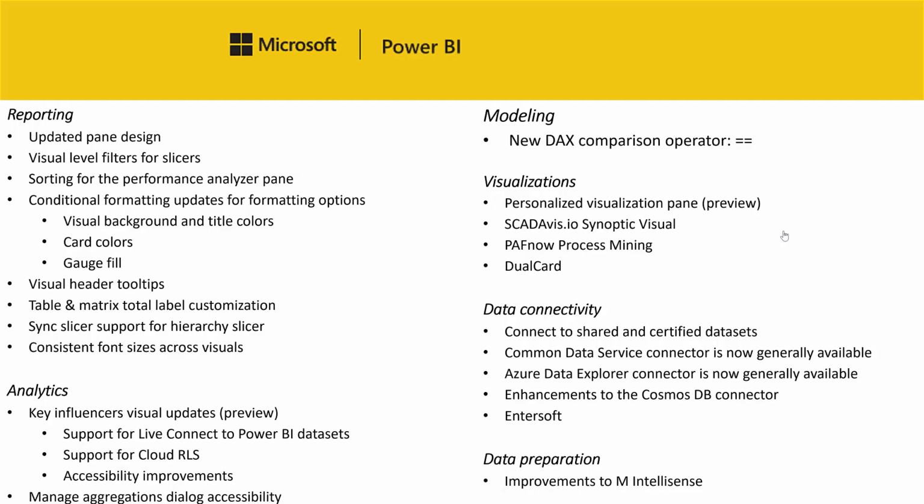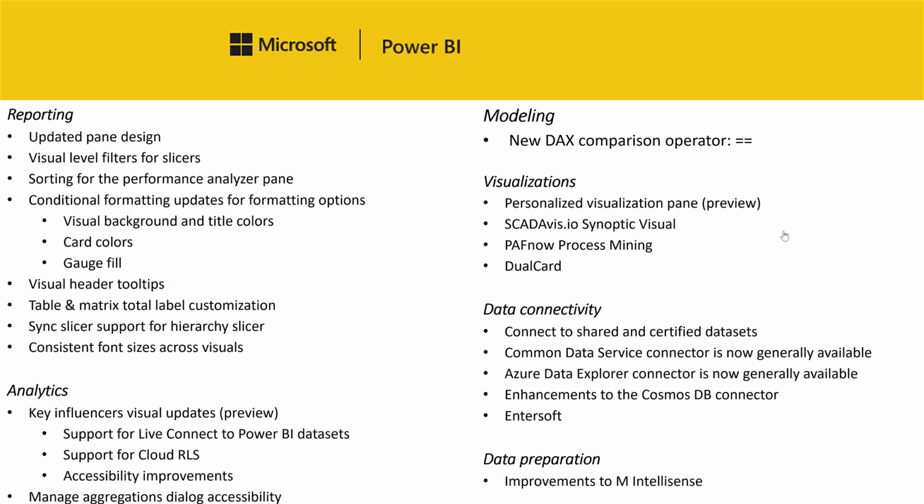Last on our list is consistent font sizes across visuals. What I mean by this is that if you've been building reports for quite a while, you've likely noticed that sometimes if you put 8, the number 8, in our font size bucket, that could have meant something different depending on where in the UI you are adjusting the font size.